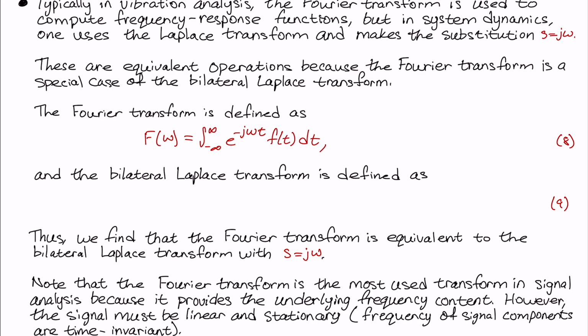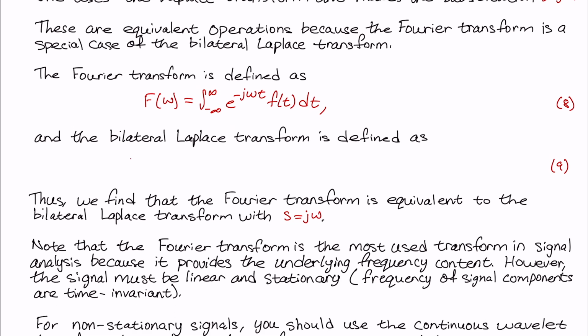And then the bilateral Laplace transform is defined as F of s equal to the integral from minus infinity to infinity of e to the minus st times f of t dt. So this is just the Laplace transform, except instead of integrating from 0 to infinity, we're integrating from minus infinity to infinity.